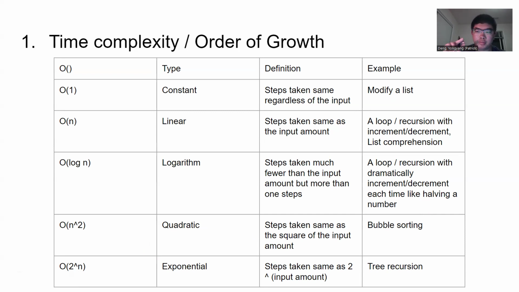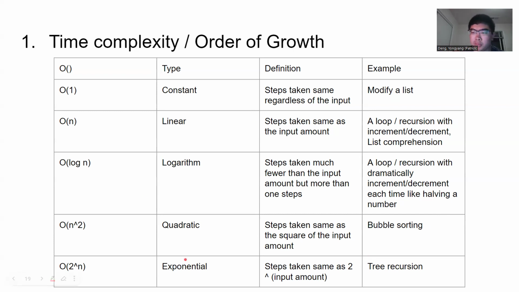If the counters are related to each other, like the inner counter is dependent on the outer counter, this will more likely be n squared, n cubed, or n to the fourth. Otherwise, if the two counters are both inputs and independent of each other, they will have n times m for order of growth.